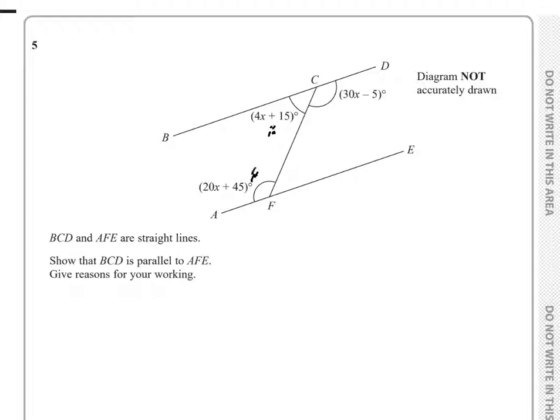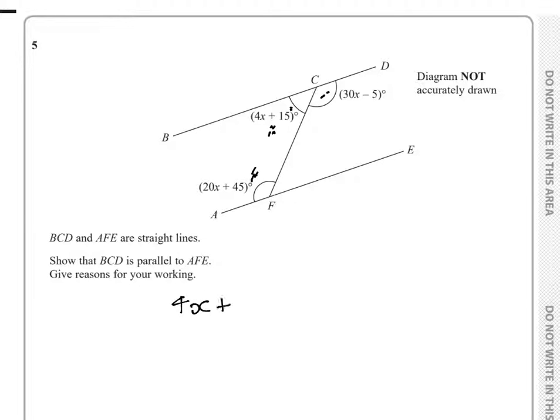Yep, so the co-interior angles would add up to 180. But we also know that these two are on a straight line, so they must add up to 180. So let's use that first of all.